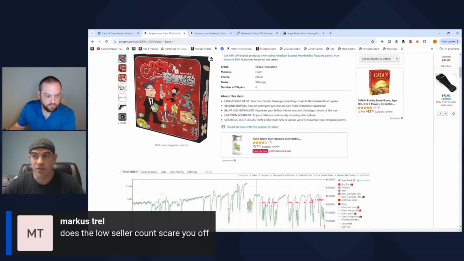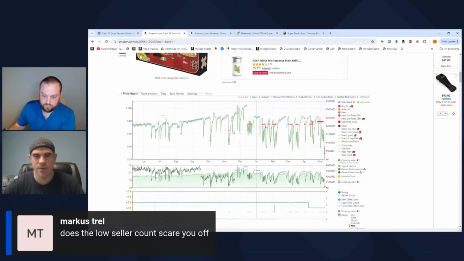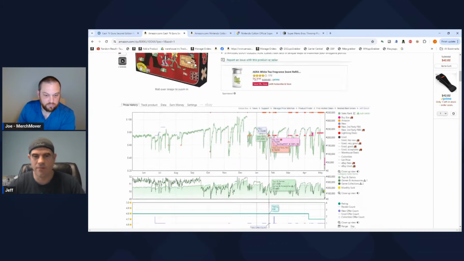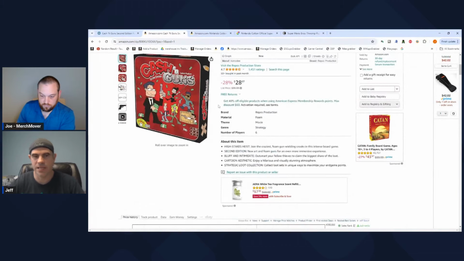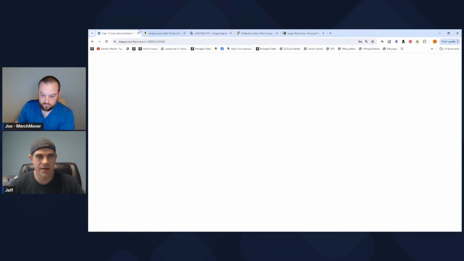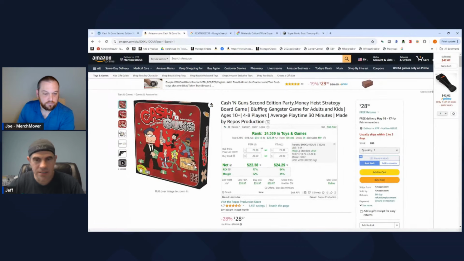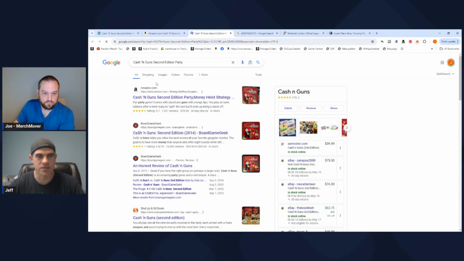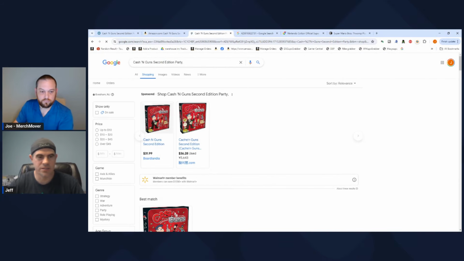Let's see. The low seller count does not scare me, because the reason we have a low seller count is because this game's probably been discontinued. One thing, again, we can search UPC up here. We can search it on Google, but I'm guessing we're not going to find any hits, because if we did, there'd be sellers.